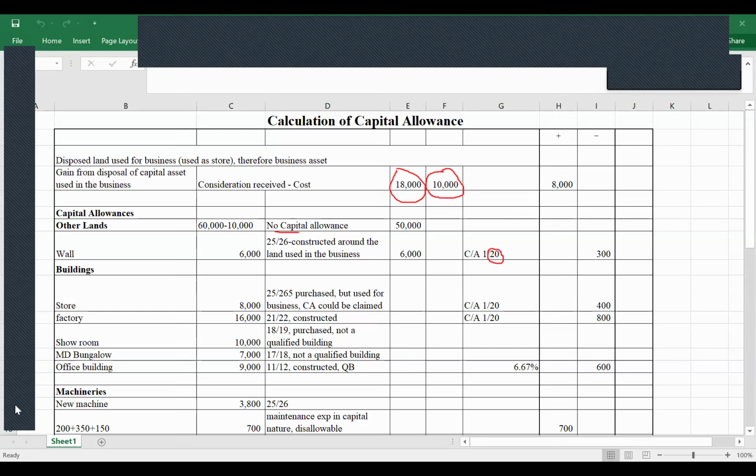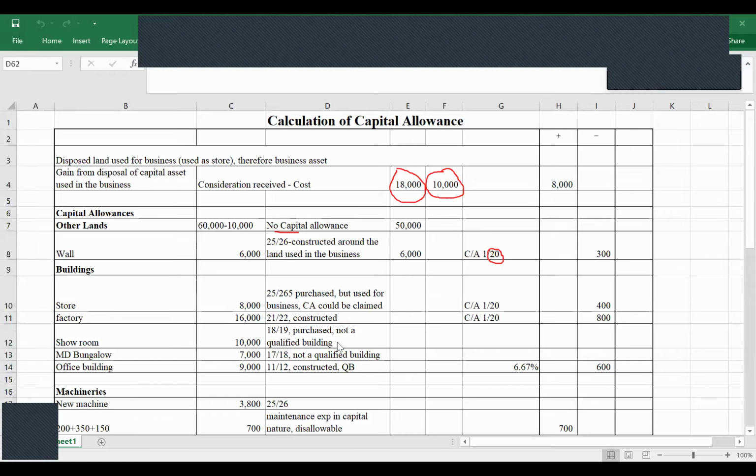Here, since it is a showroom we are using for the business purpose, and it is purchased in the period 18-19, we can say we can grant capital allowances.